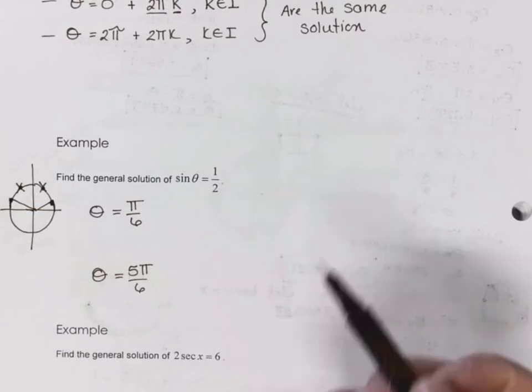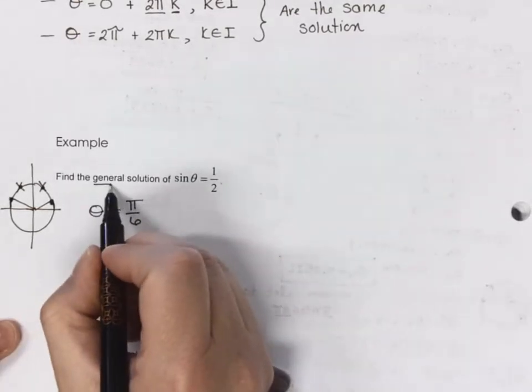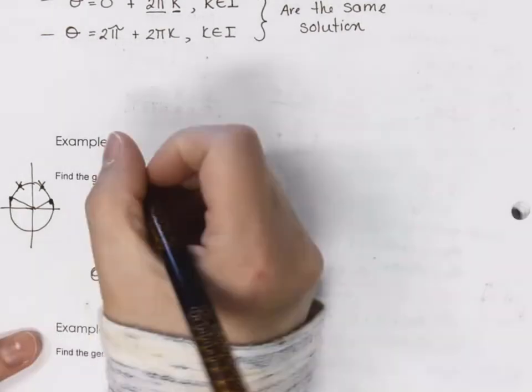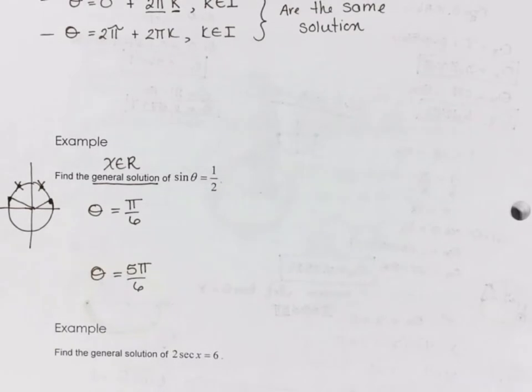I math it out. Now, again, there's no restriction. We're writing a general solution. It may not say general solution. It may say for all domain values. It may say x ∈ R. Have you guys seen this before? That means all domain, because x is our domain. You guys would agree that x is the domain. ∈ means element, and R means of the real numbers.